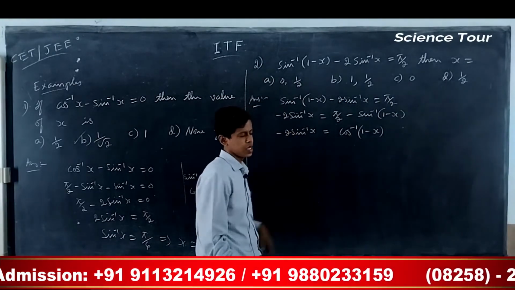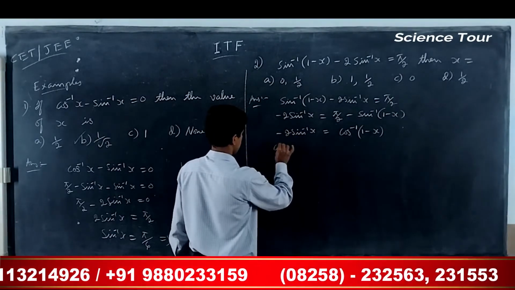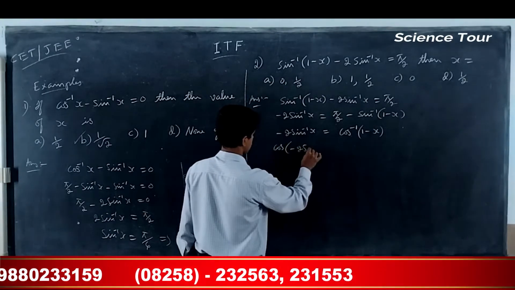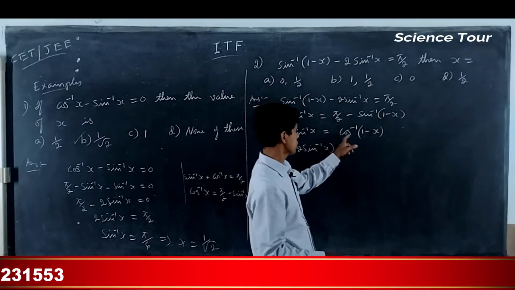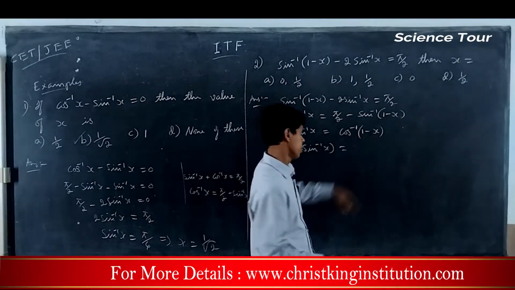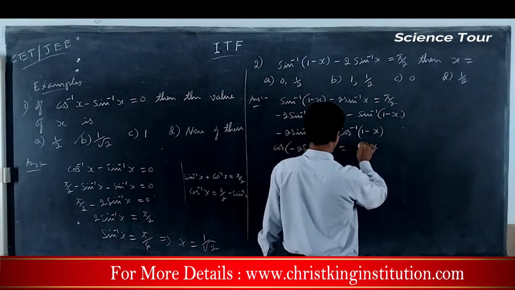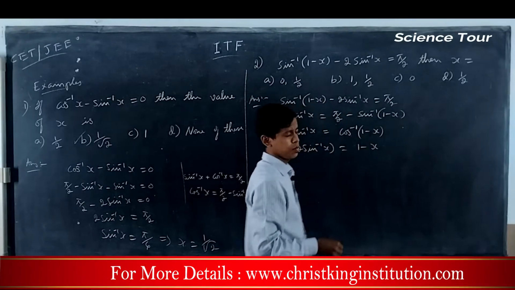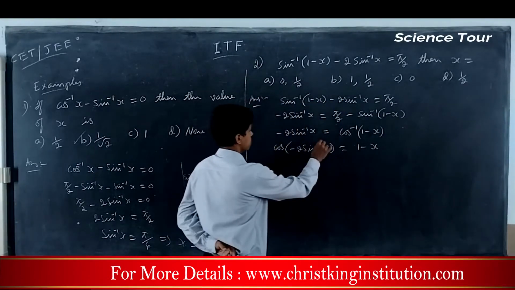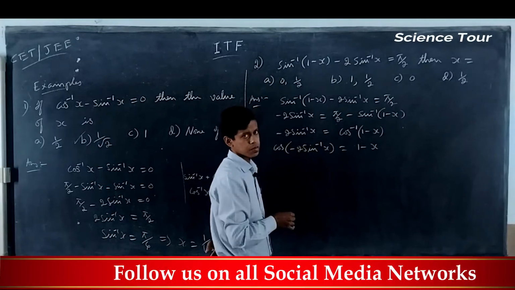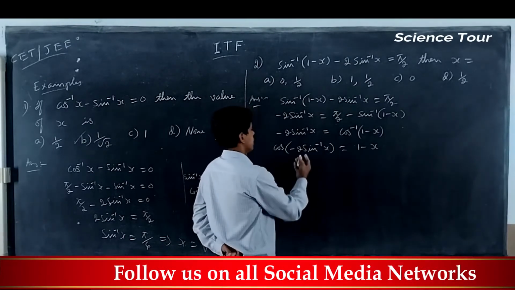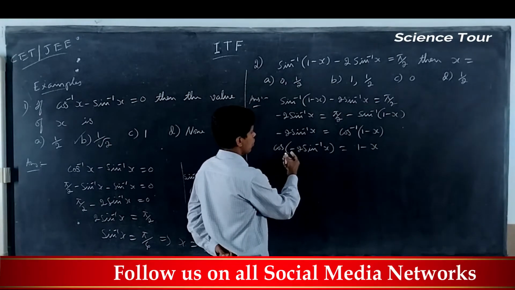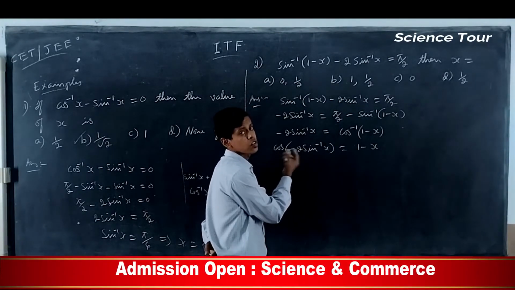Next, take cos both sides. So this will be cos of minus 2 sine inverse x, and on the other side cos of cos inverse will be 1 minus x, for the specified values of x. Next, what is cos of minus x?